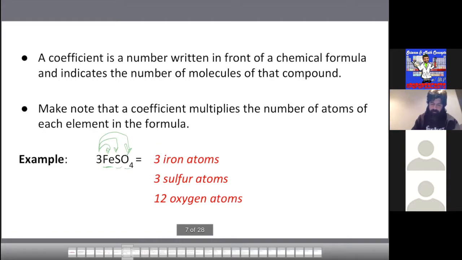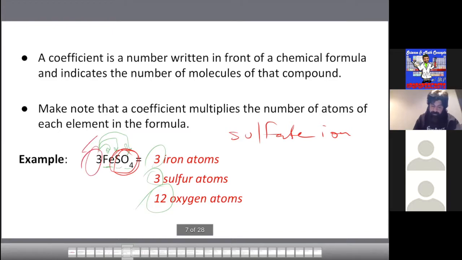Oops, 3 sulfur. So we've got 3 iron, 3 sulfur, and 12 oxygen atoms. Now, for those of you who know your polyatomics, you'll understand that SO4 is the sulfate polyatomic ion, which means that I have 3 sulfate ions.